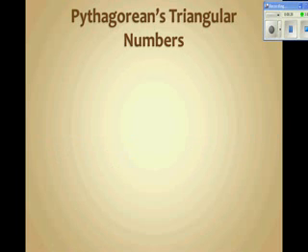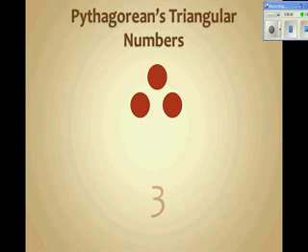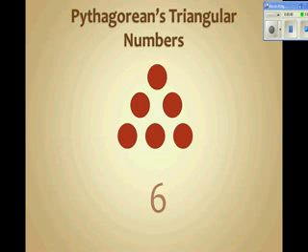Pythagoreans in ancient Greece liked to make numbers into shapes. For instance, if they took one stone and added two more, they could make a triangle. Altogether they had 3 stones. To extend this pattern, they simply added another 3 stones, and now altogether they had 6 stones.